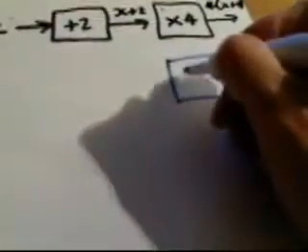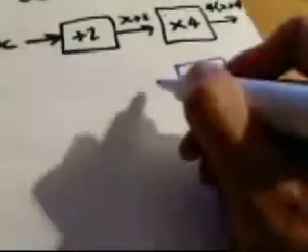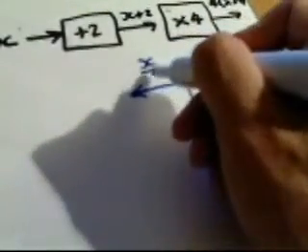So we start from the right hand side with our x. The first operation is the inverse of multiply by 4, which is divide by 4. So coming out of our first operation will be x divided by 4.